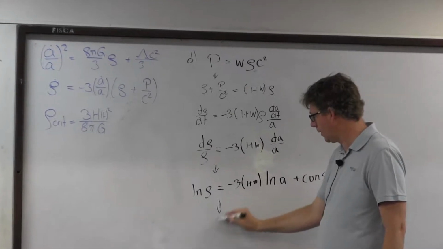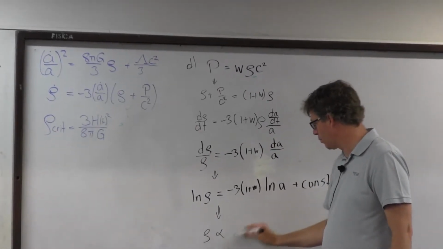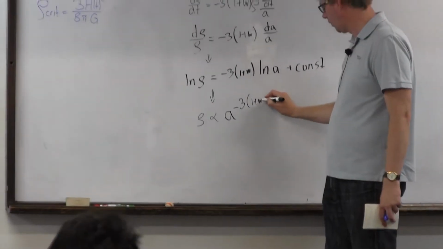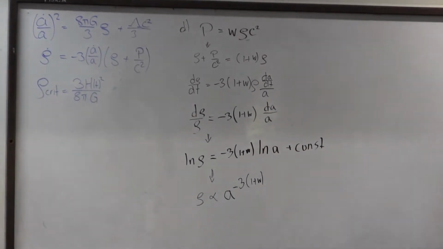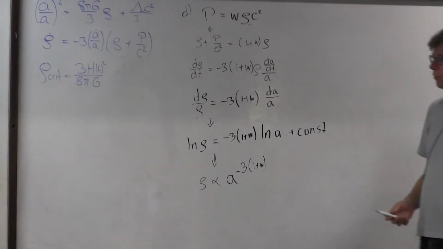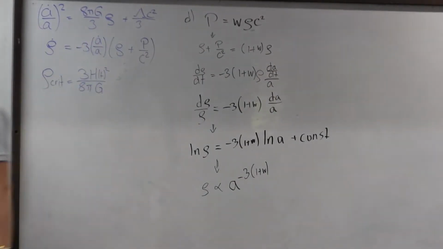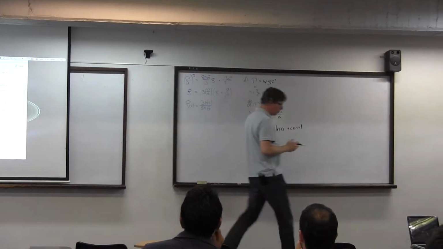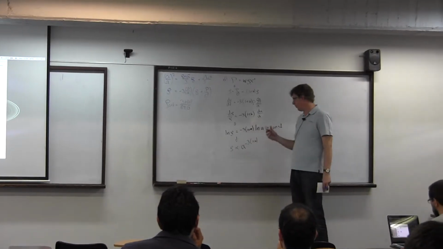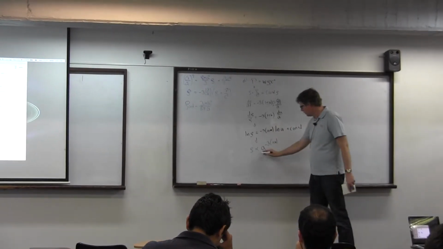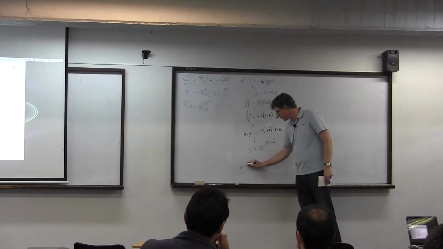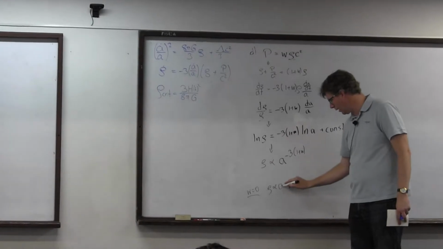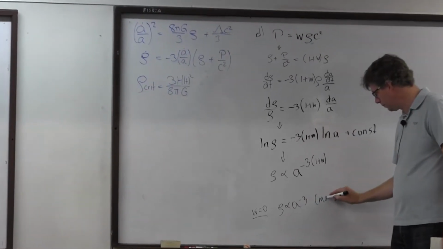And you get rho is proportional to A to the minus 3, 1 plus W. And so that conveniently gives you the solution here, but it also lets you say how rho will evolve in different conditions. So for W equal to 0, which is matter, you get rho proportional to A to the minus 3. That's matter.